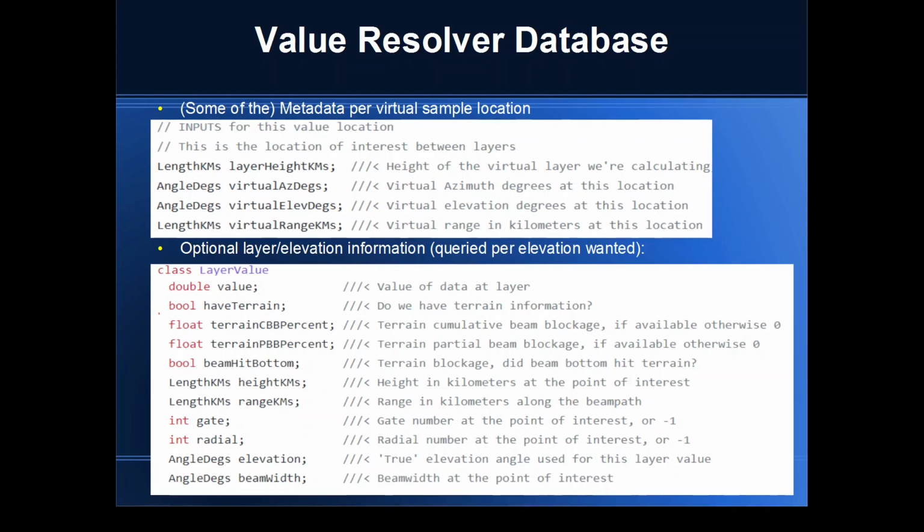These are usually requested on demand by the volume value resolver. Currently, the resolver can query up to 4 elevations, or 2 tilts above or below the sample location. So the values here would be unique for each elevation in the volume of interest. Using this information, the volume value resolver's goal is to combine this into a final value and weight for the virtual 3D location.